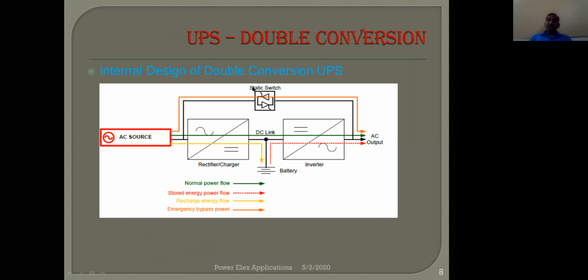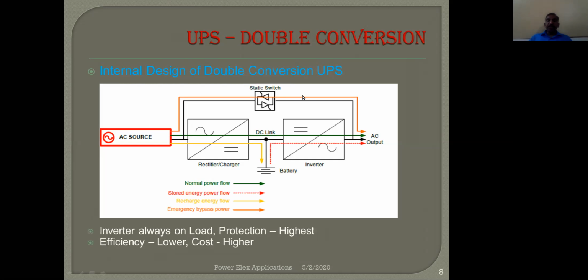It comes into the picture when either of these blocks fails, or if arrangements are made so that when the AC source is fulfilling all the conditions desired by the load, it is passed through the static bypass. You have some extra sensing arrangement for that matter.